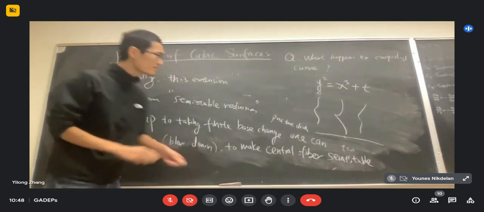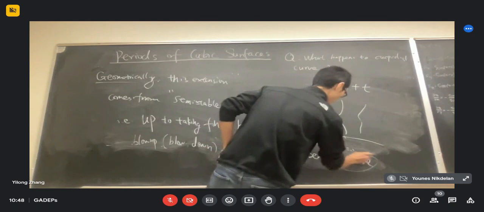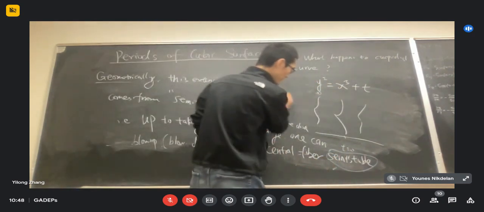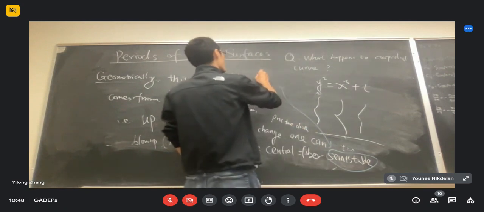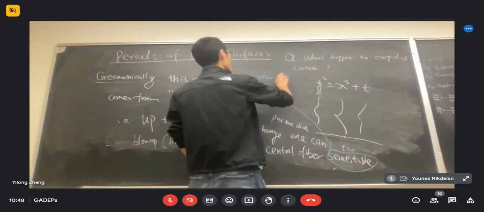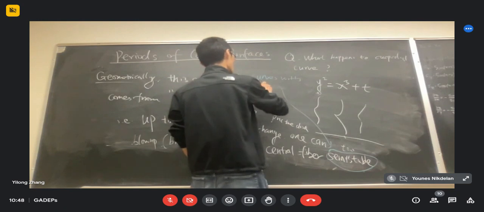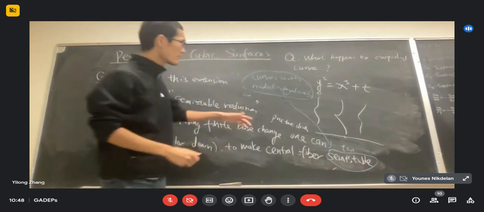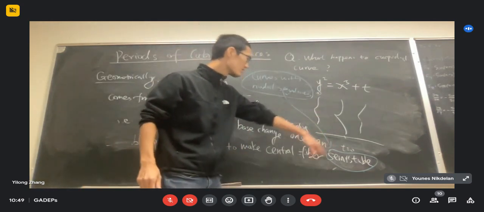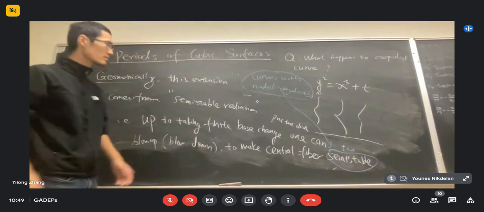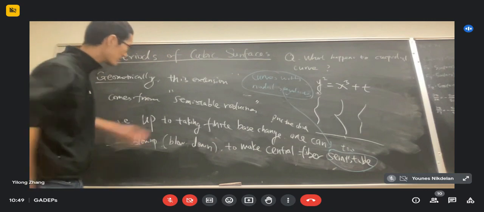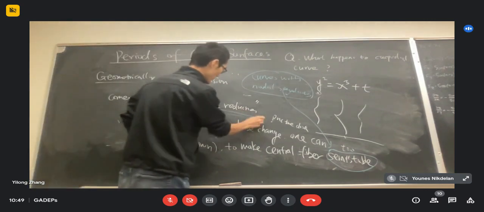Here for semi-stable, maybe I haven't really said anything about it, but this is equivalent to saying curves with nodal singularities. So we are improving the cuspidal singularities to something nodal, and this is a semi-stable reduction for curves.